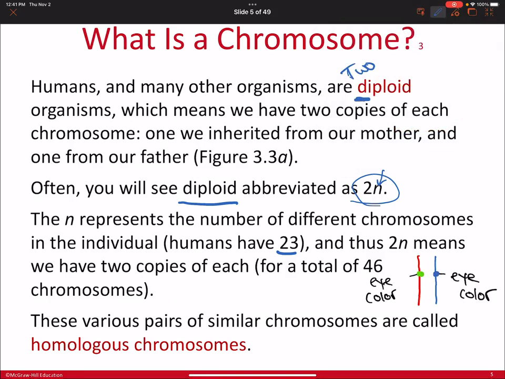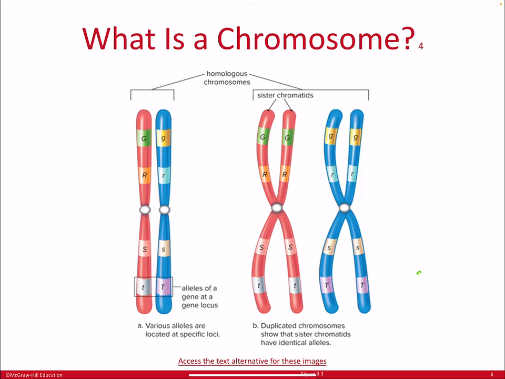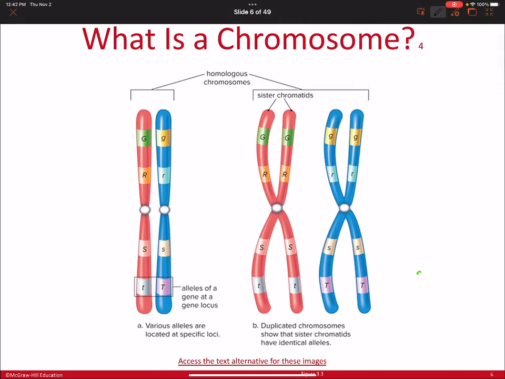They're similar in that they both have eye color genes there, but they're different in that they have different alleles. We can see this here. So these two are homologous chromosomes, but these two are sister chromatids.